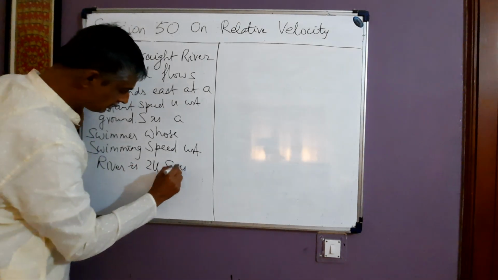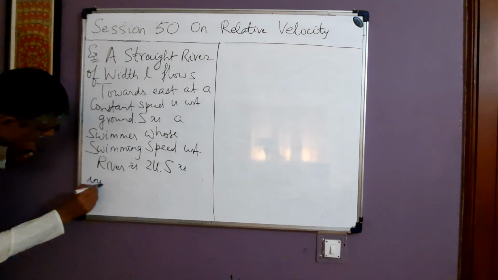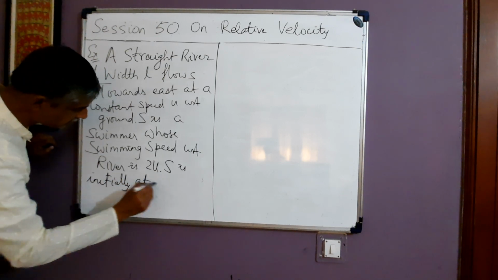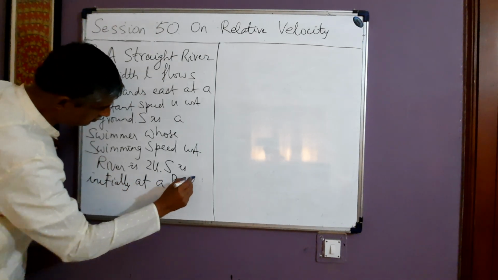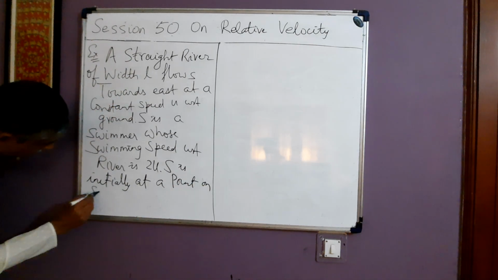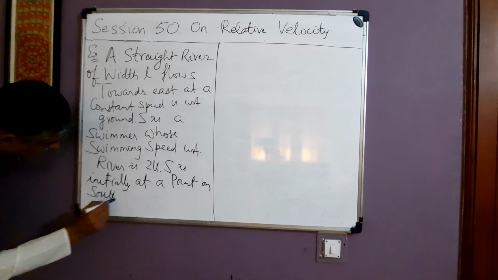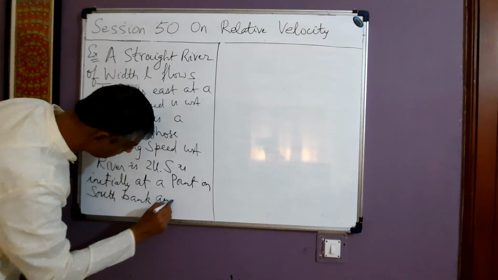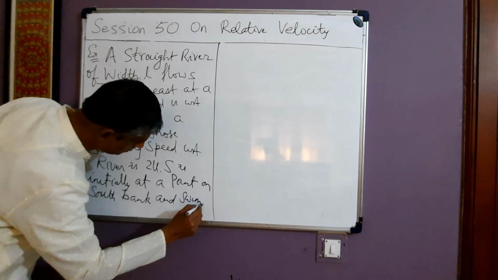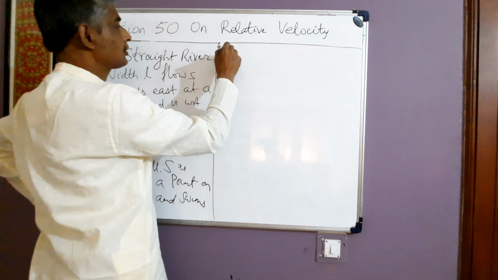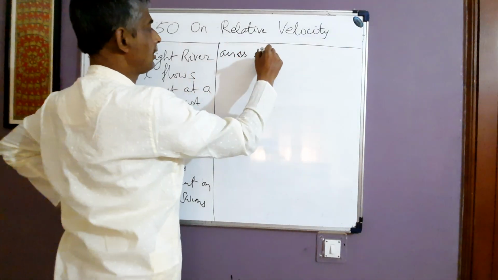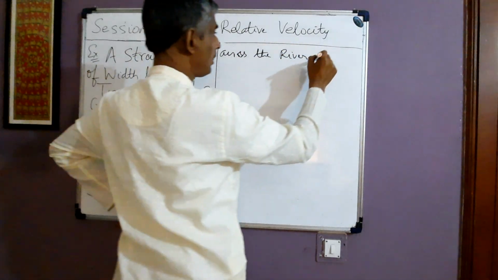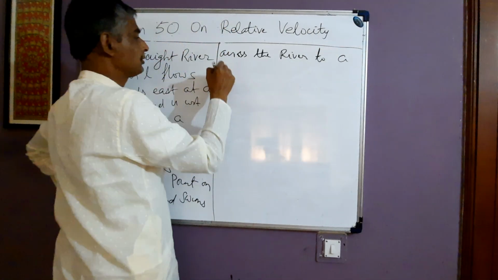S is initially at a point on the south bank and swims across the river to a point on the north bank.